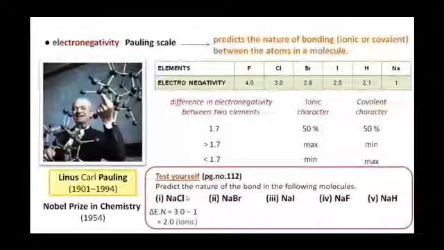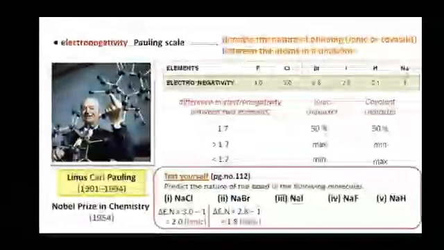In NaCl, the anion is Cl minus and the cation is Na plus. So, electronegativity difference is equal to 3.0 minus 1, which is equal to 2.0. 2.0 is greater than 1.7. Therefore, the bond between NaCl is ionic in nature.